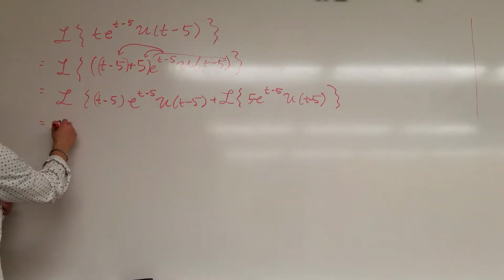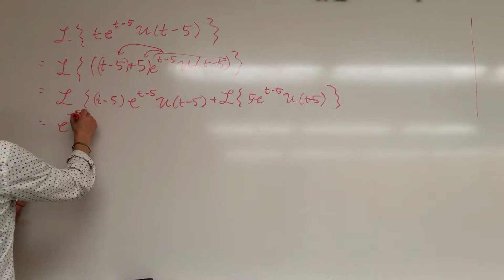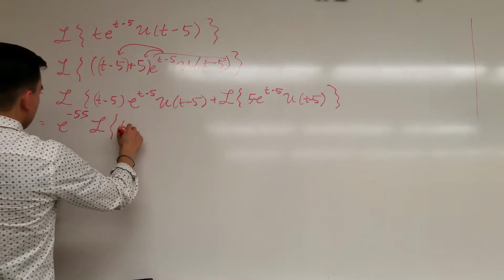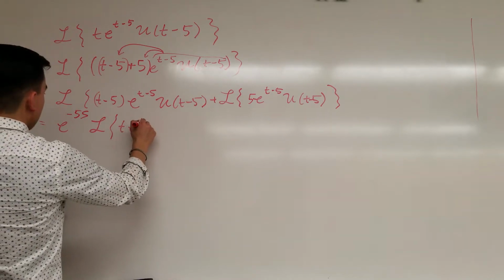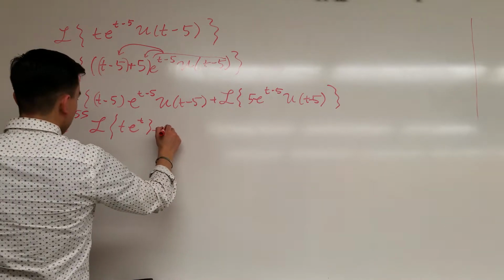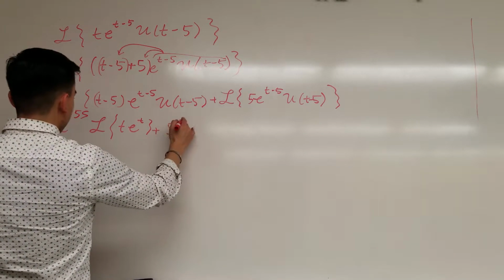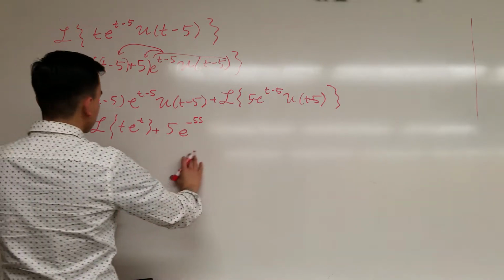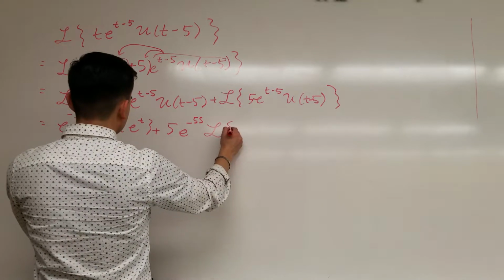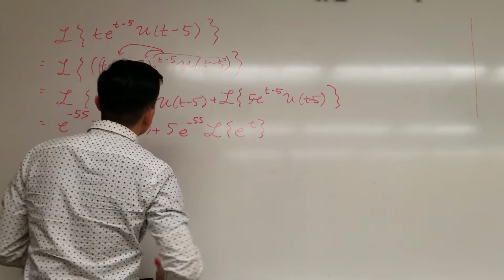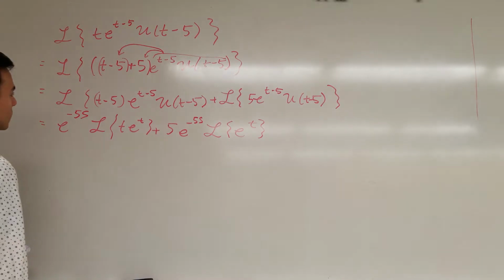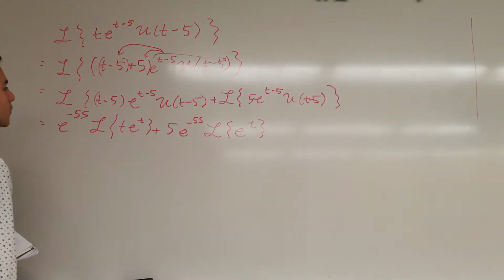So now I'm going to pull out an e to the minus 5s, Laplace of t e to the t power, plus 5 e to the negative 5s, Laplace of e to the t. We're still good, no problem at all.